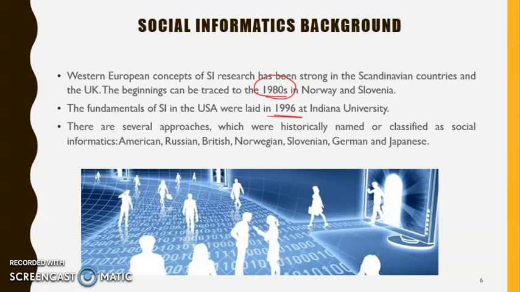And since it is very cultural, my friends, very interesting. In the third bullet that you can see, there are several approaches which were historically named or classified as social informatics: American, Russian, British, Norwegian, Slovenian, German, and Japanese. So you see, it is based on the names of the countries because it is very cultural, because it is about human interactions, I hope I'm right with the word.